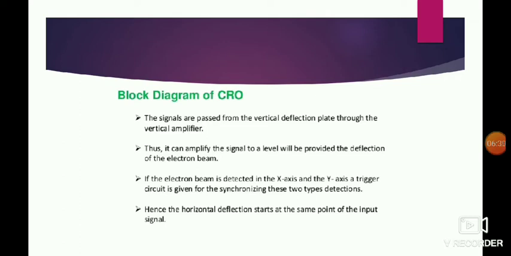If the electron beam is directed in the x-axis and y-axis, a trigger circuit is given for synchronizing these two types of deflection. Hence, the horizontal deflection starts at the same point of the input signal.